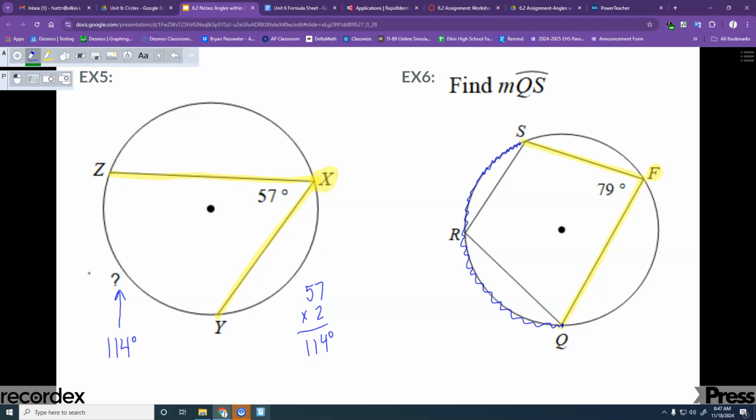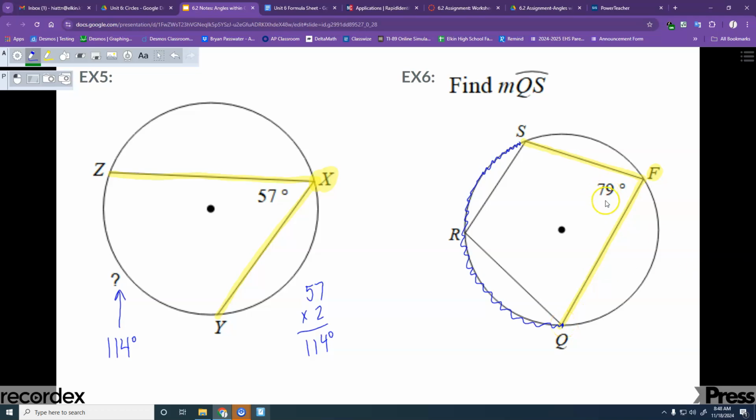They ask us for the measure of QS. That is the arc that's intercepted. So this is the same as the problem they gave us before. They just have these extra lines drawn in here that make it look a little bit more confusing.